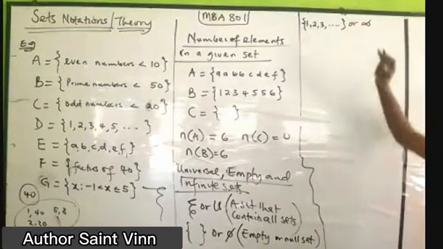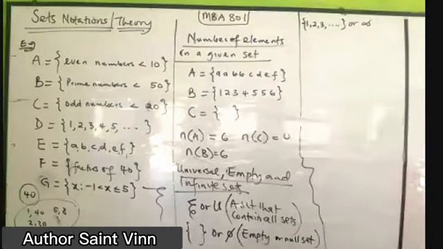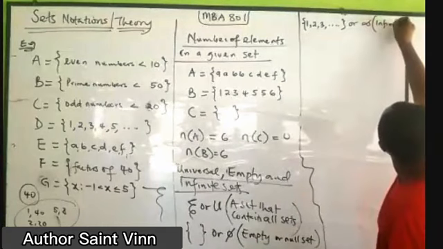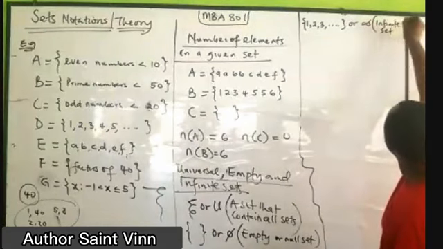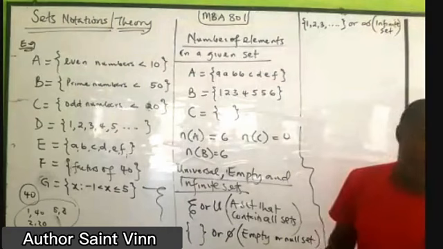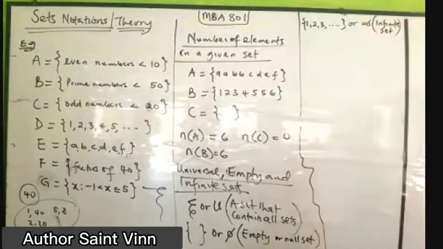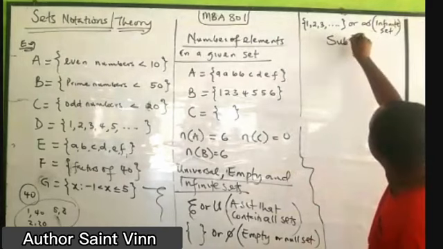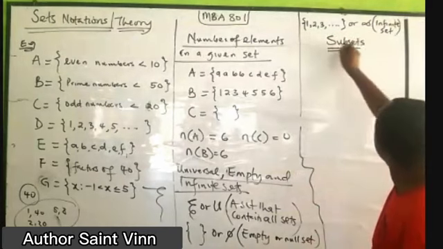When 8 sleeps, it's infinite; there's no time it wakes. That's the symbol for infinity. So this is an infinite set. Is that okay? I hope you are following. Okay, another subtopic is called what?